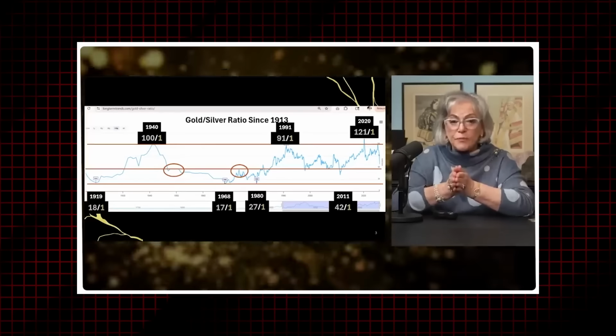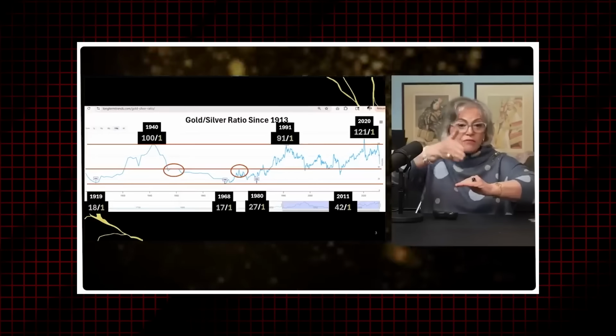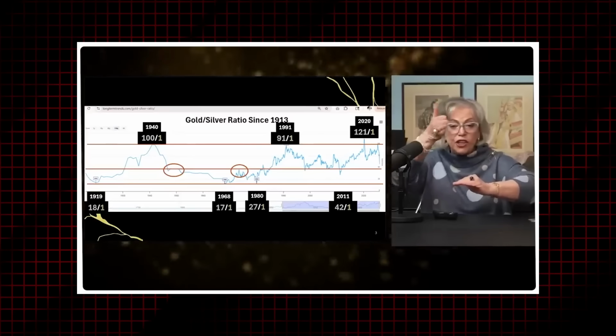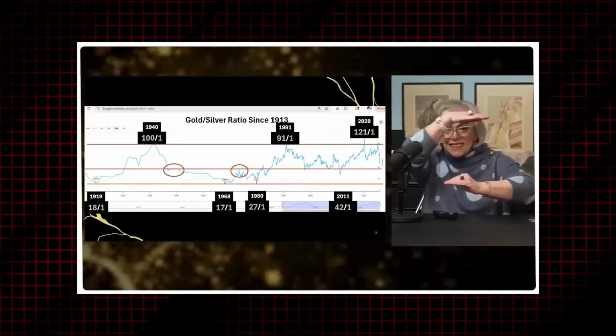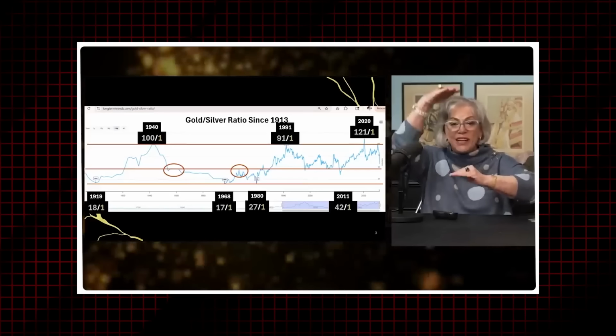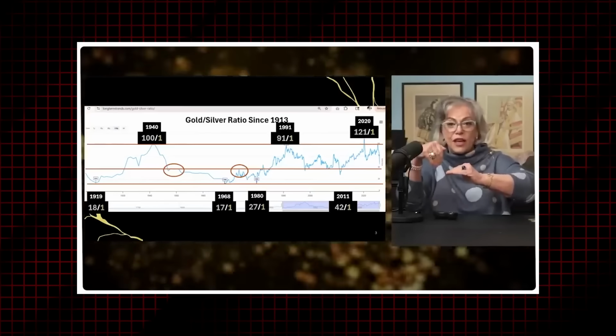Technically speaking, support is on the bottom. So you see that ratio hit the bottom and then bounce back up. Resistance is on the top. So it hits the top and it bounces back down again.